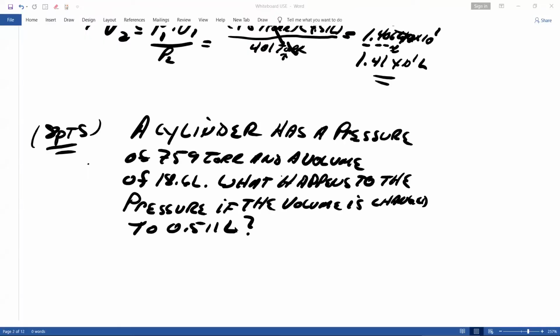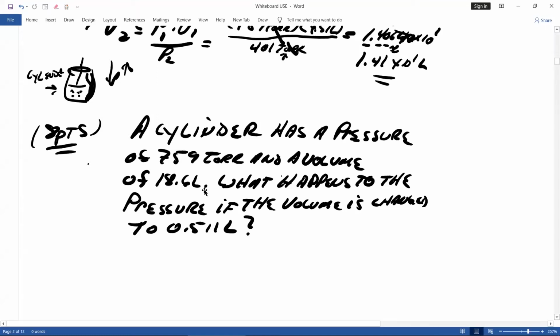But anyways, let's look at a cylinder. Just like in your car, a cylinder has a plunger inside of it, and you can move it up or down. That plays an important role for the gas that's right here. So what do we have going here?